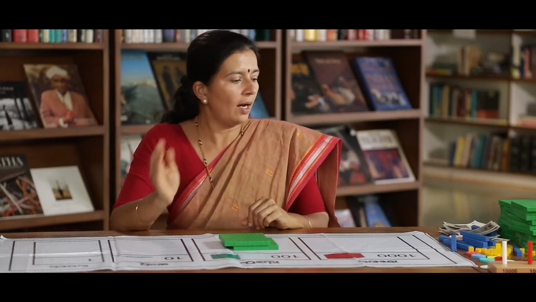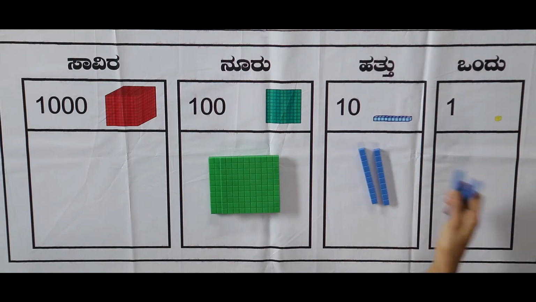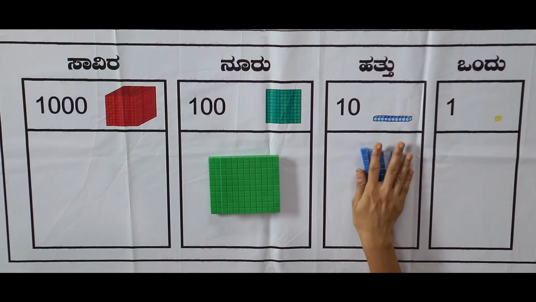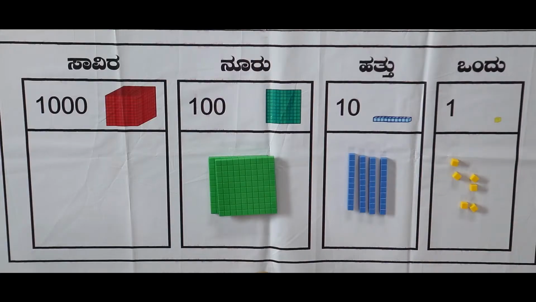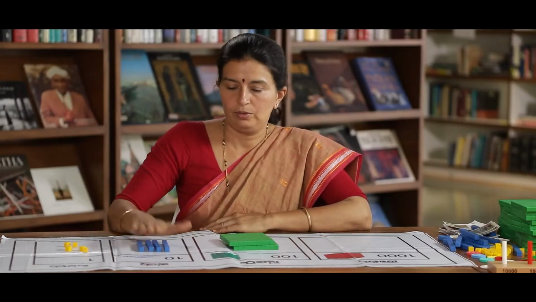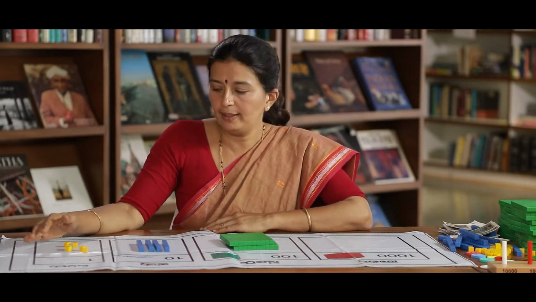In 246, how many tens are there? 10, 20, 30, 40. 4 tens, right? 2 hundreds. How many units are there? 6 units are there. I have arranged them on this place value mat.